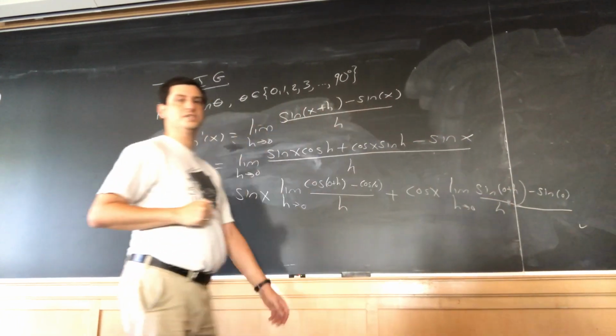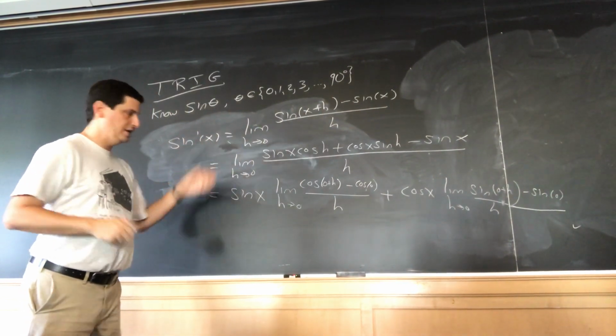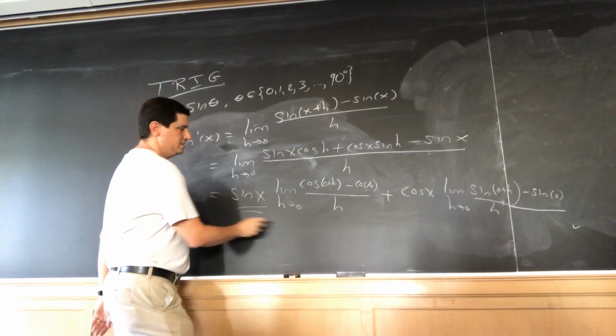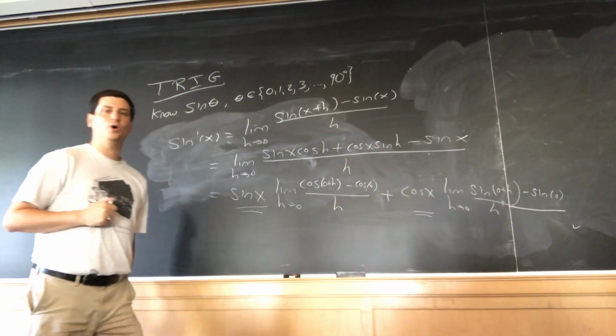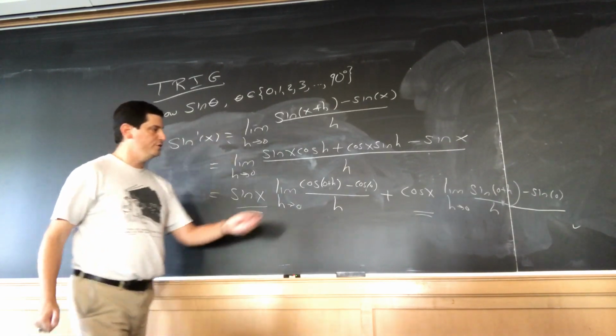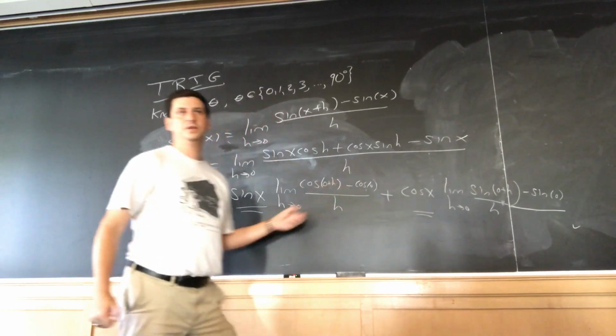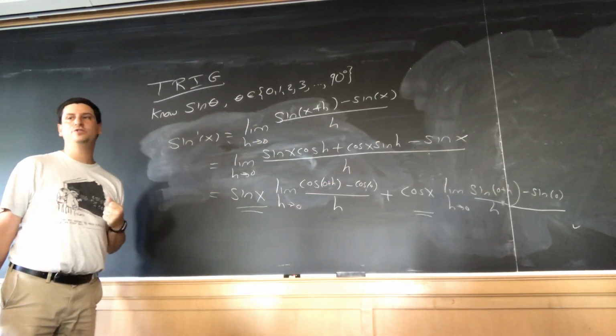And what this tells us is if we want to take the derivative of sine at any point, it's going to be sine of x times this limit plus cosine of x times that limit. And we only have to evaluate 2 limits now. All trigonometry reduces to finding these 2 limits. I'm assuming at this point that we know the angle addition formula for sine.